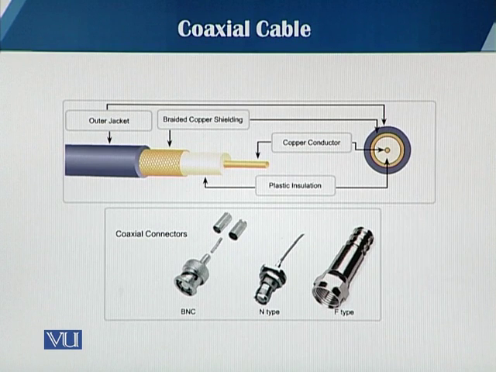And then the outermost is the jacket, just like in the STP cable. And then you have different connectors for coaxial communication. You have an F-type connector, an N-type connector, and then the BNC connector for communicating through coaxial media.